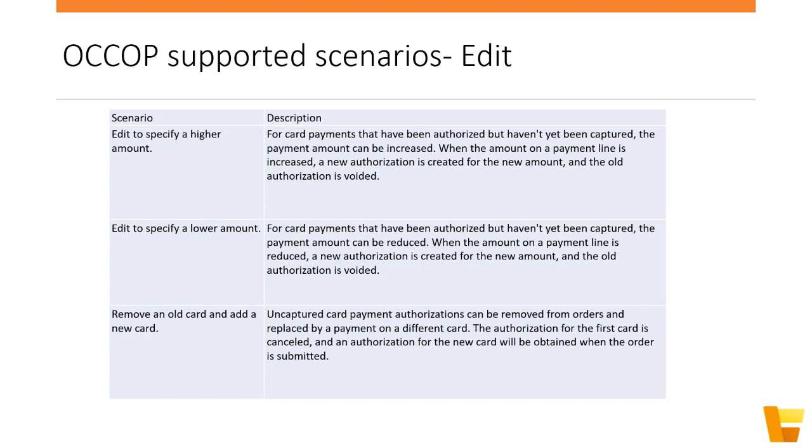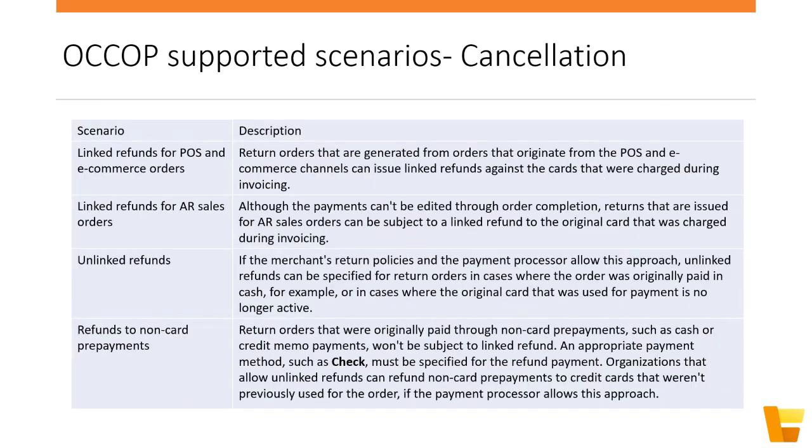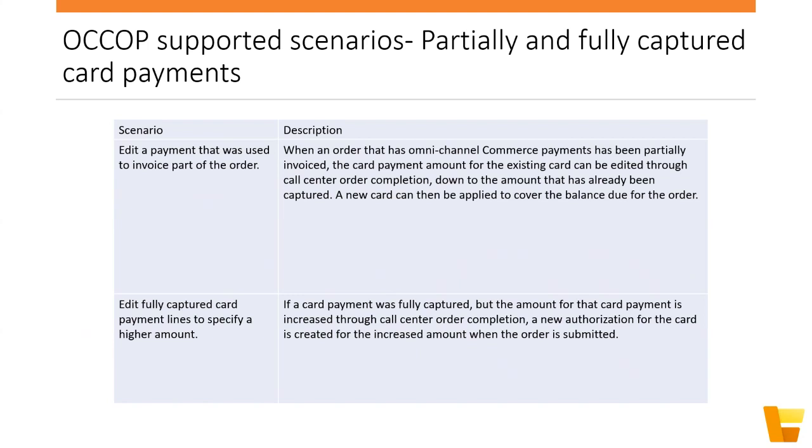So for supported scenarios for commerce order payments, this is all in the documentation. I added it in the slide deck just so you could quickly and easily reference what's supported with this feature enabled. I won't go through all of these, but you can see there's an explanation for scenarios supported for editing orders, canceling orders, and what happens if you have partially and fully captured card payments, what you can do.